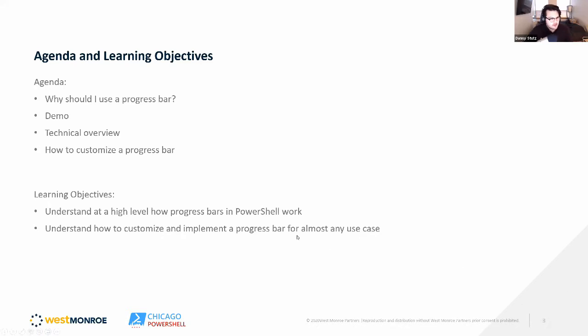And then finally, we'll kind of piece together our own progress bar, and I'll show you kind of which parameters fit in where. So after this, hopefully you'll have an understanding of how to implement your own progress bar, customize it to whatever use case you want to have it for. And then at a high level, understand how they work in PowerShell just in general.